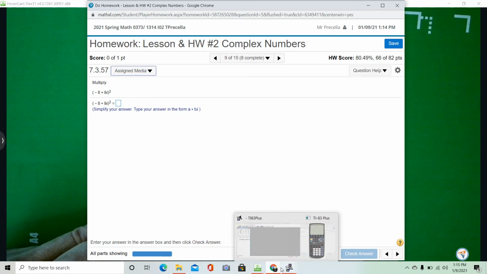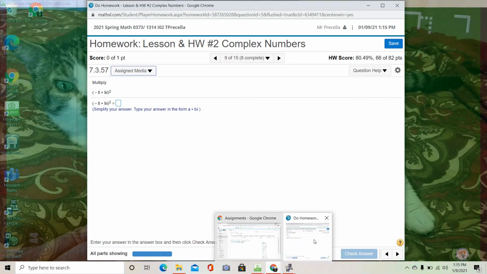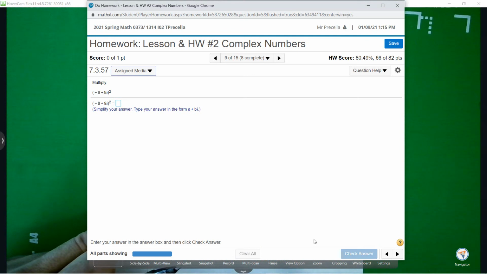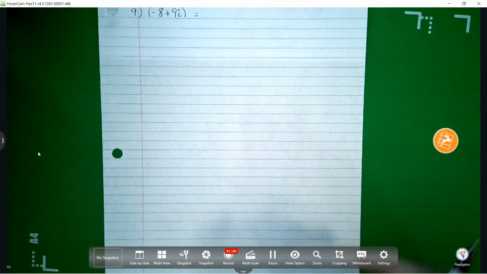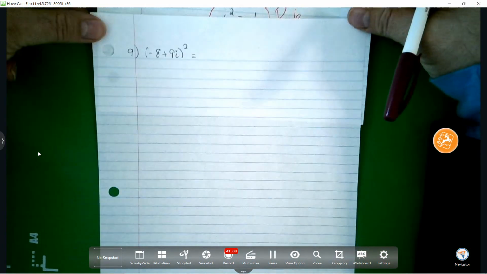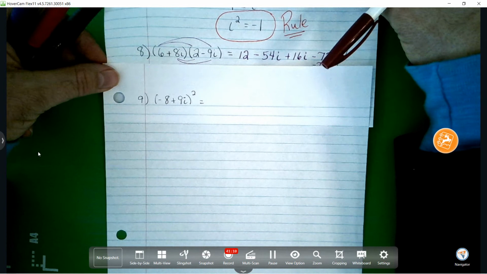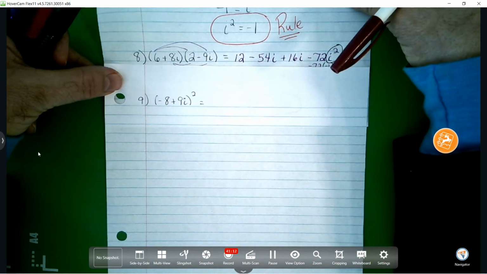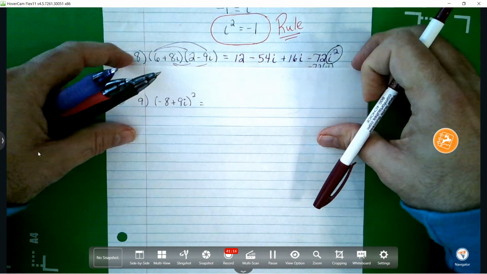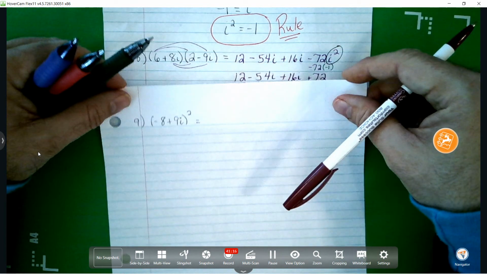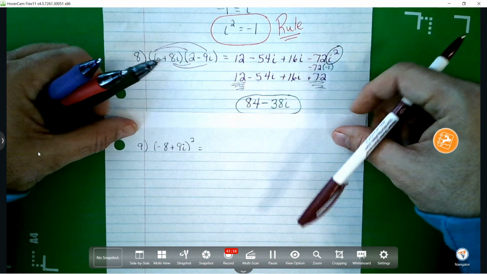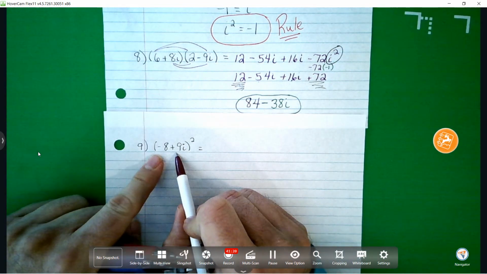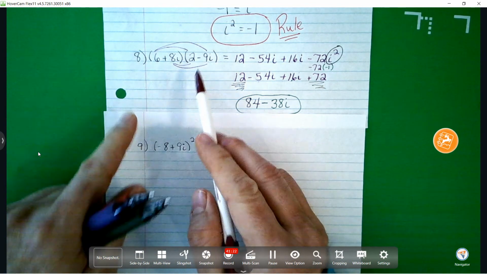Well, this is going to illustrate that basic problem-solving strategy. When you know how to do one type of problem, you know how to FOIL it out and replace i squared with negative 1. That's what we just did there. And we're confronted with the new one. Well, let's try to make this problem look like this one.